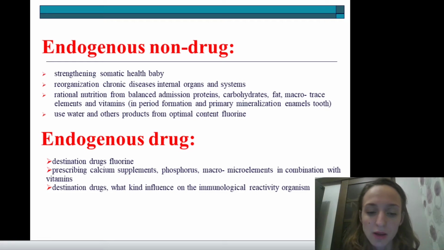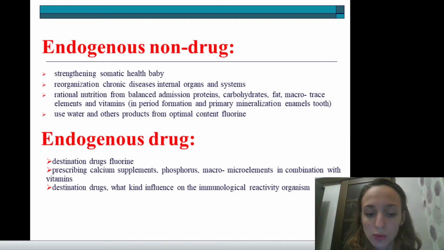Use water and other products with optimal fluoride content. What about the drug type? It is the prescription of fluorine, prescribing calcium supplements, phosphorus, macro and micro elements in combination with some vitamins.